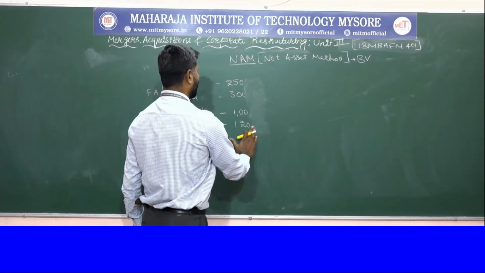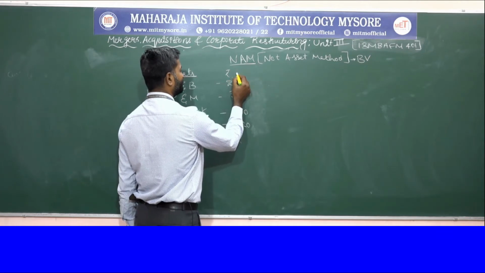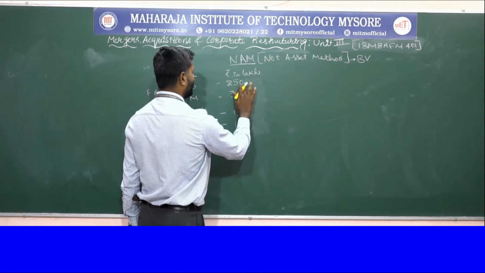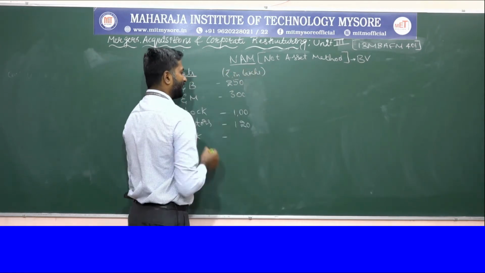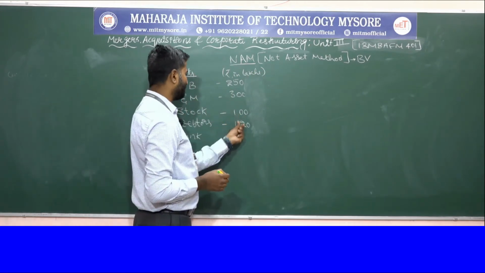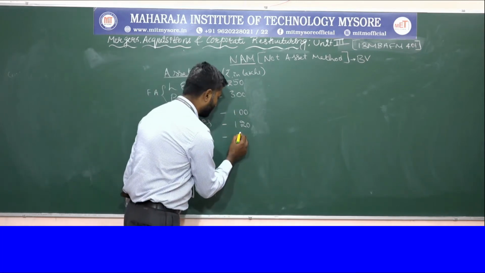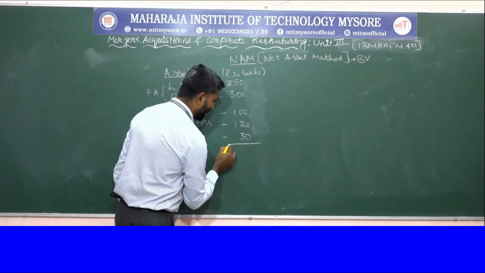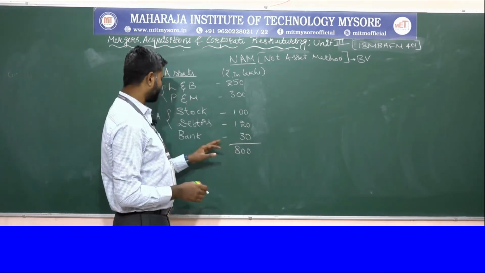So they have given 250 lakhs for building and 300 lakhs for plant and machinery. Stock is 100 lakhs, debtors 120 lakhs, and the bank 30 lakhs. When we take the total, it amounts to rupees 800 lakhs.